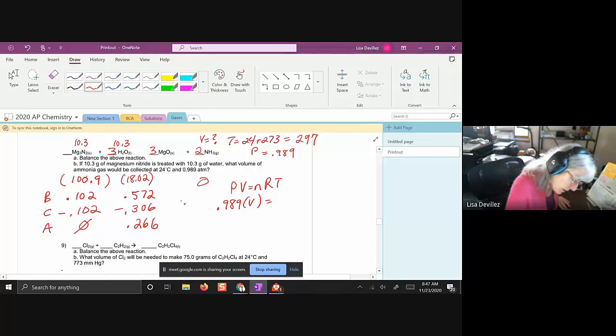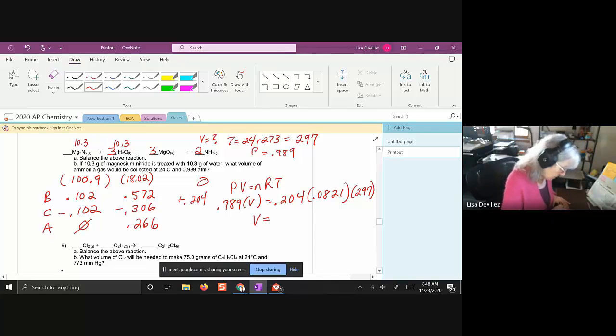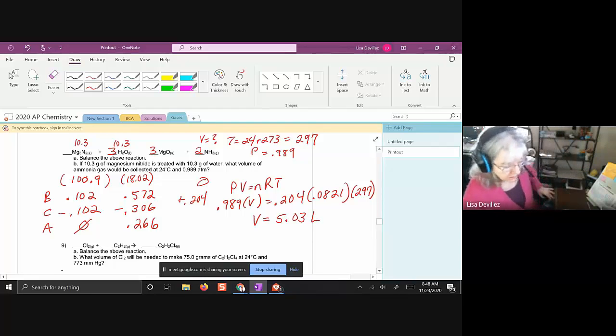So 0.204 is my moles that I need. 0.204 times 0.0821 and 297. So volume is 0.204 times 0.0821 times 297 divided by 0.989, so I'm getting 5.03 liters for that one.